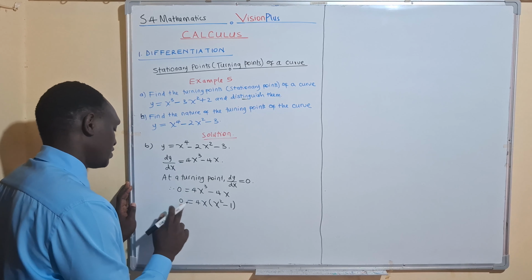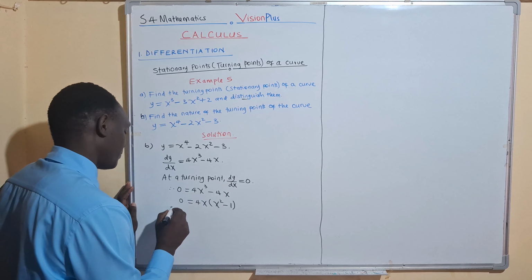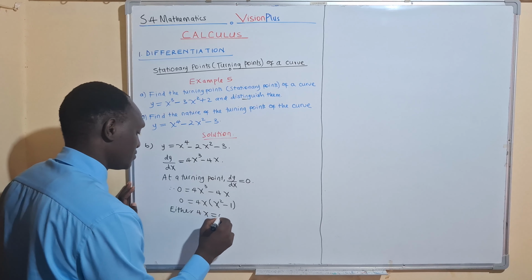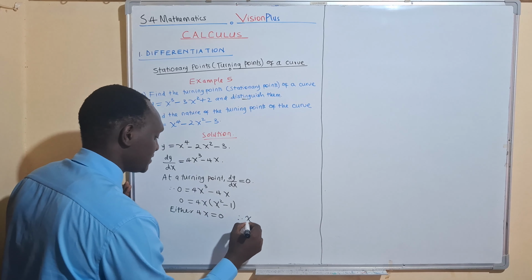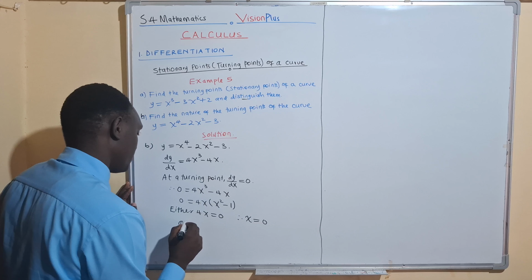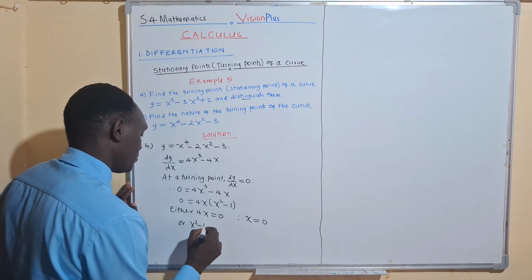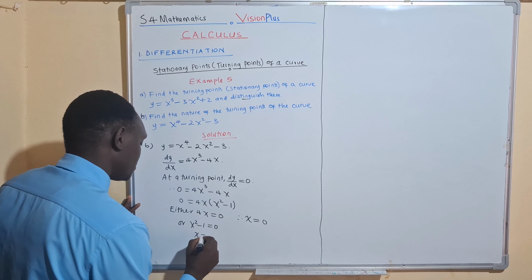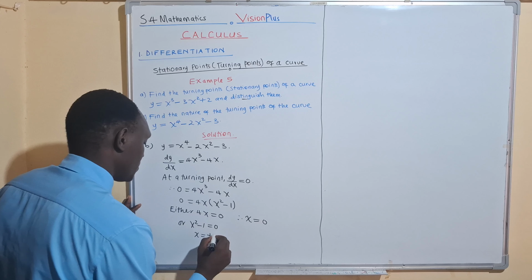As long as it is equated to 0, either 4x equals 0, for which case x becomes 0, or x squared minus 1 equals 0, for which case x equals plus or minus 1.